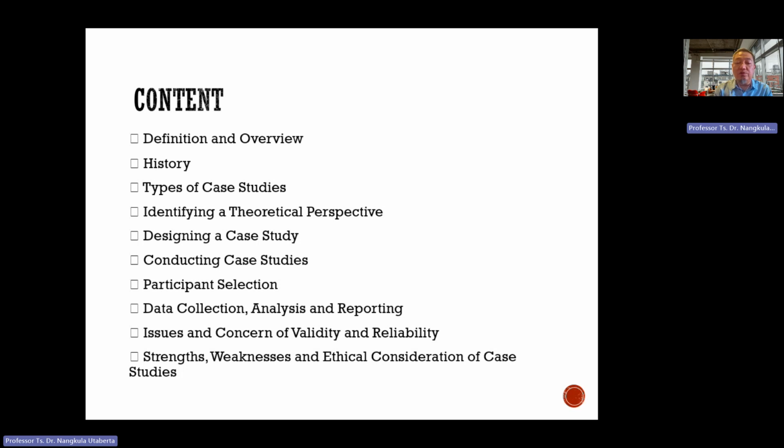I'll also talk about how to identify the theoretical perspective to conduct case studies, how to design and conduct a case study, how to do participant selection, data collection, analysis and reporting, issues and concerns on validity and reliability, and lastly, the strengths, weaknesses, and ethical considerations of case study research.